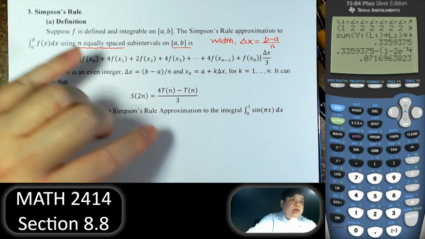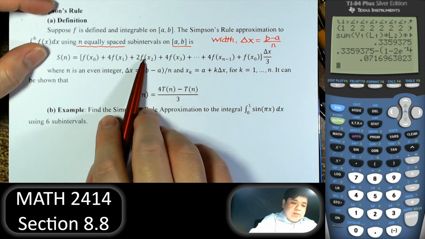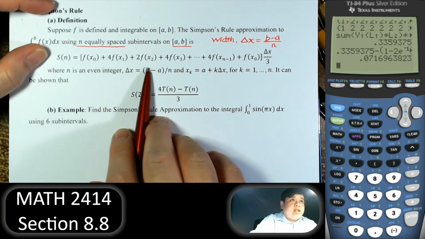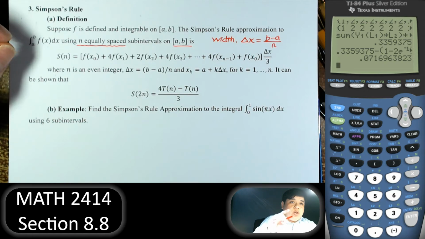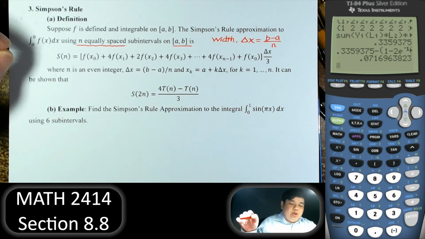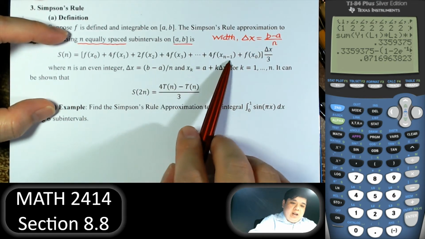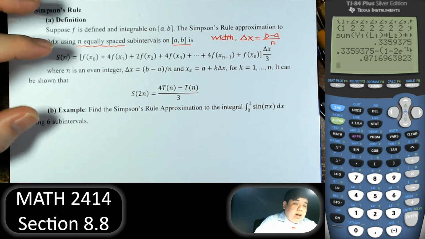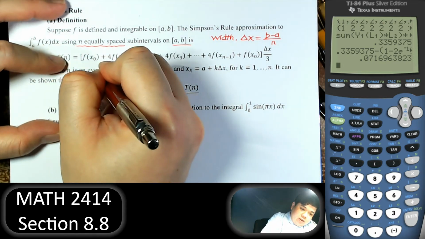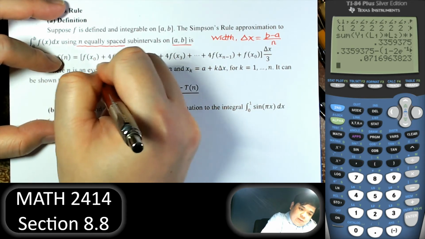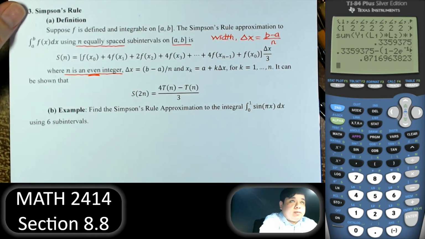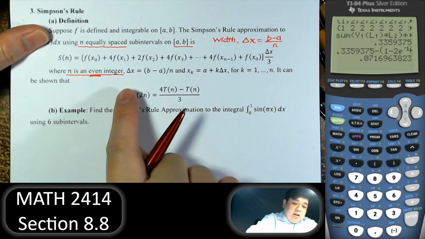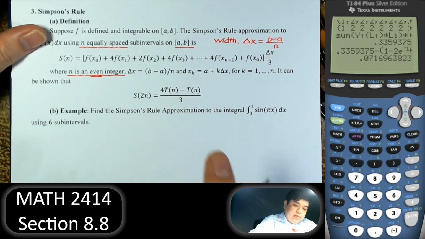And then we evaluate the function. What we see here is the coefficient is 1, 4, 2, 4, 2, 4, 2, 4, 2, 4, 2, and then 4, 1. By the way, in Simpson's rule, n is an even integer, so it has to be even. And the width is still the same thing.